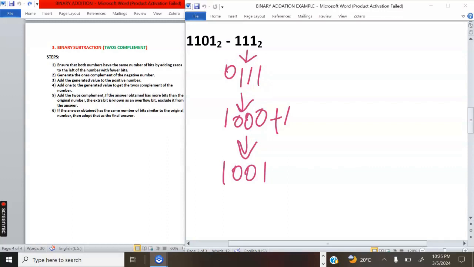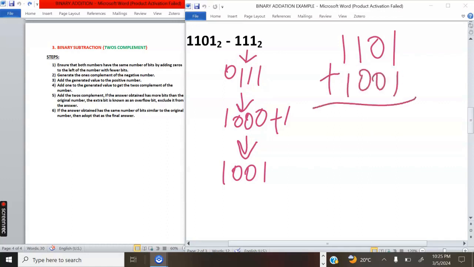Okay, having gotten that, now you go to the normal addition, which is 1, 1, 0, 1 plus 1, 0, 0, 1. So this 1 and 1 plus 1 is equal to 1, 0, carry 1. 1 plus 0 plus 0, you get 1. 1 plus 0 is equal to 1. Then we have 1 plus 1 is equal to 1, 0.